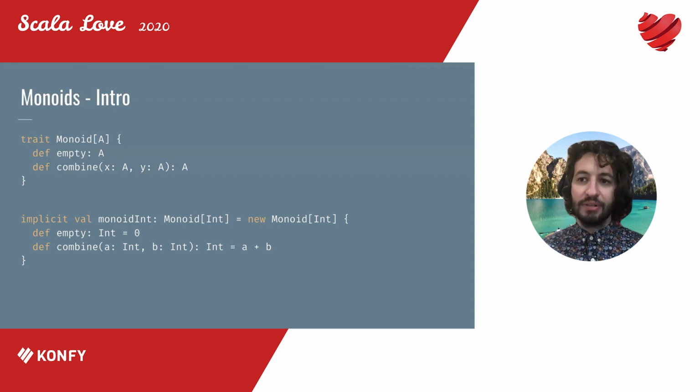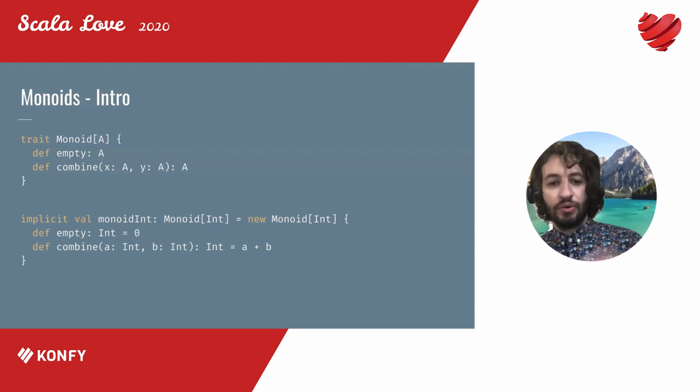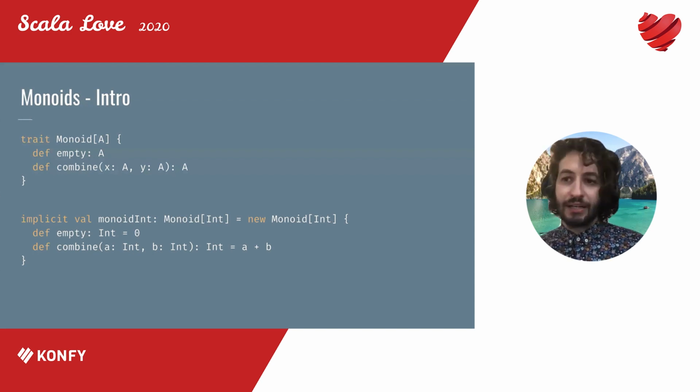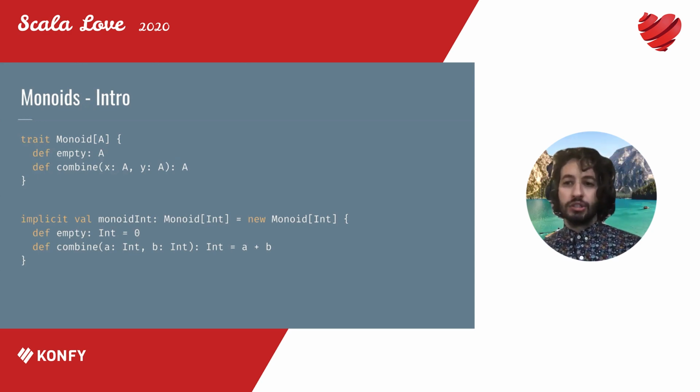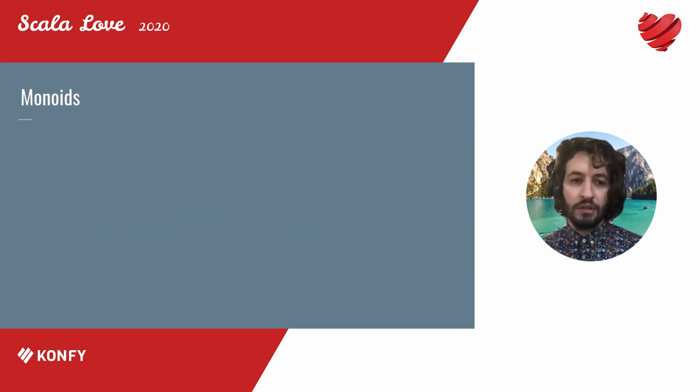So the very simple example for this is integer addition. We can create this monoid for Int, and this is actually a definition from the cats library, where empty is 0 and combine is just adding the 2 integers together. And you can see how that makes sense.